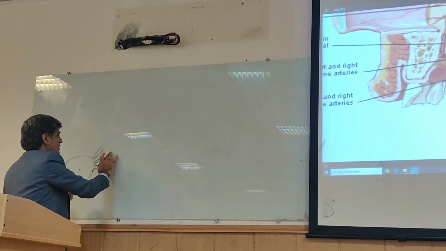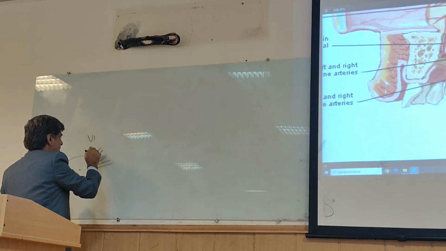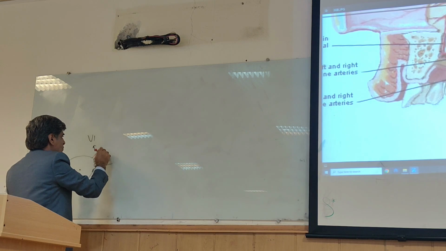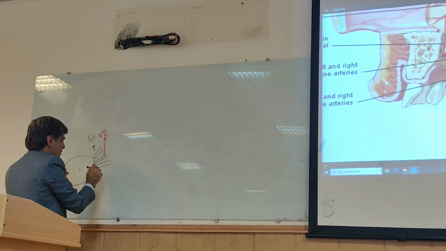Okay, the trigeminal nerve contains 3 branches: V1, V2, V3.